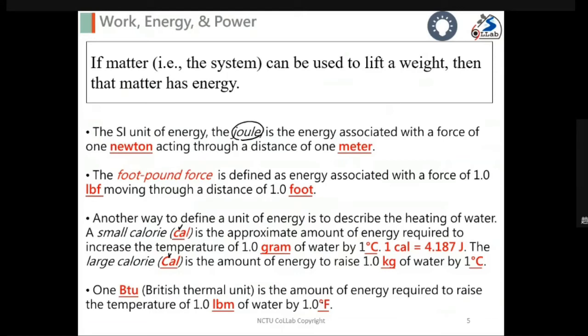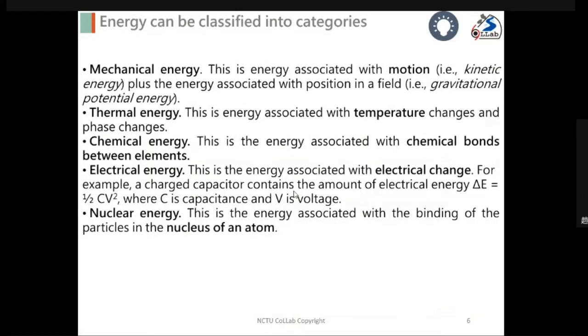And also, the BTU is the amount of energy required to raise the temperature of 1 lbm of water by 1 degree F. So the two units of energy are the joule and the calorie. You need to keep in mind those important units shown here.